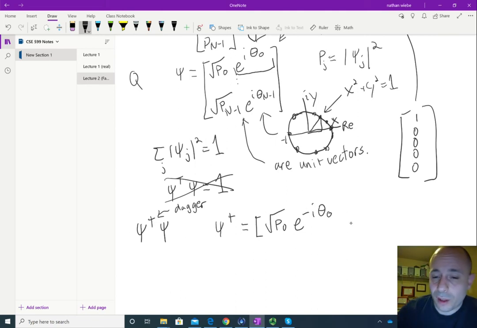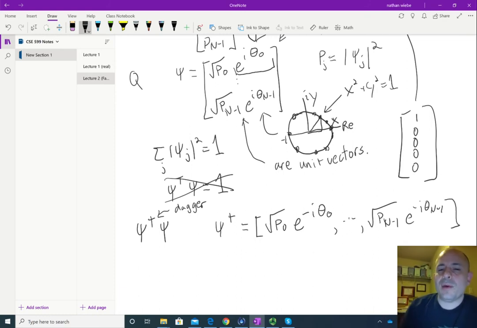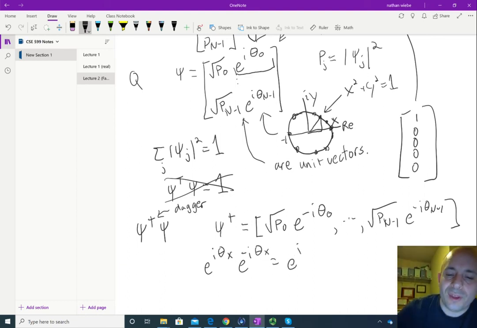In any case, this ends up getting Pn minus 1 e to the negative i theta n minus 1. And you can see that once we've done this, we use the fact that e to the i theta x times e to the i theta minus x equals e to the i theta x minus theta x equals 1.